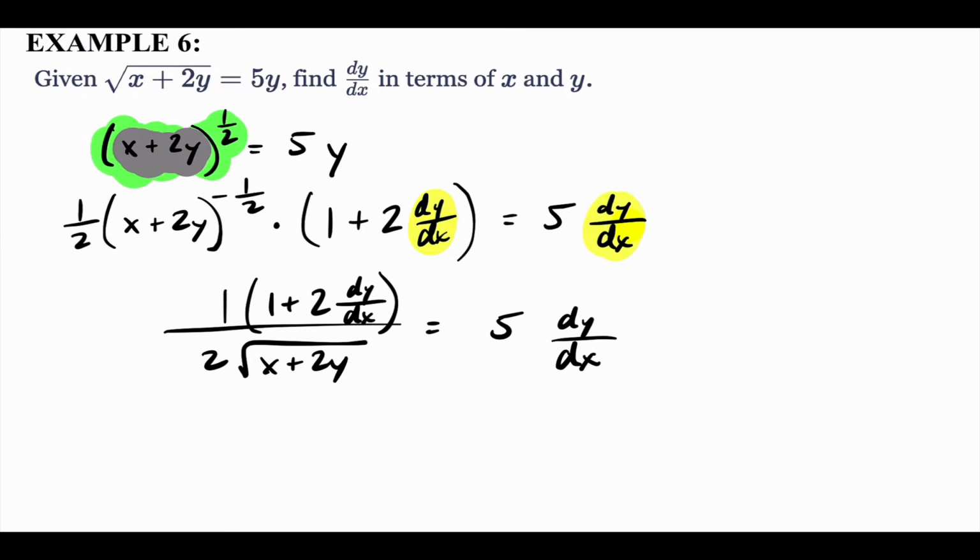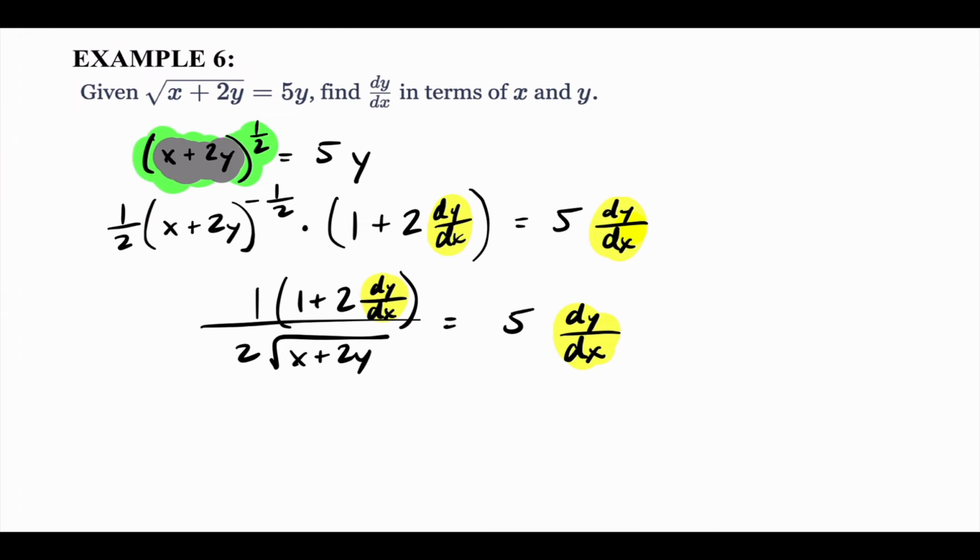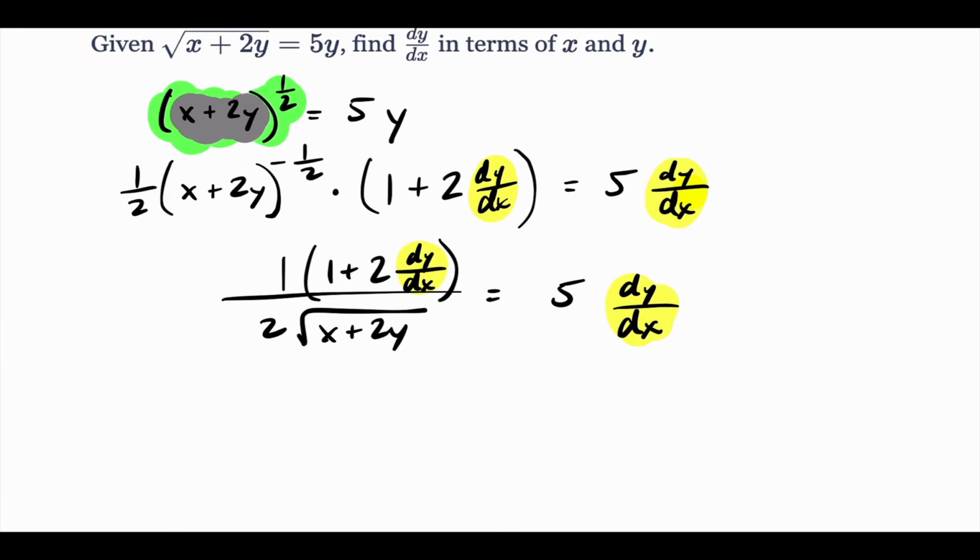So the question is, how do I get these guys on the same side and by themselves? So we can multiply both sides by the denominator, right? So the only one that has a denominator is this guy. So we can multiply this guy here. That works. Let's see if this works.